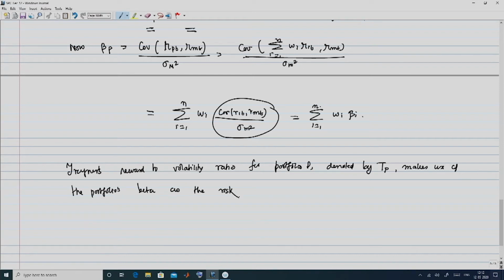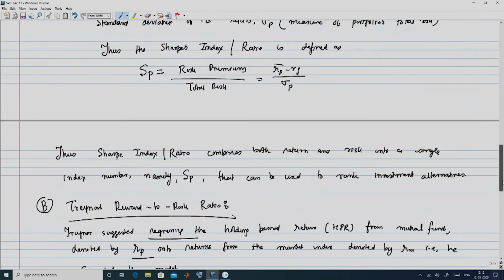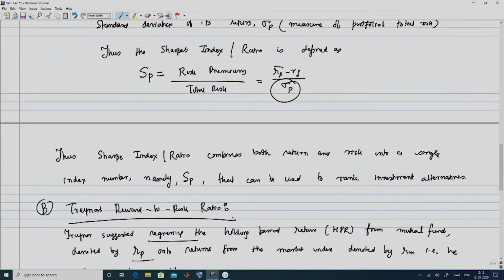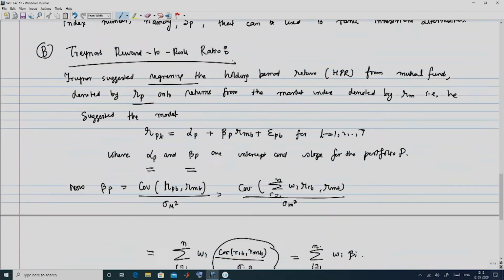This is in contrast to using standard deviation as the risk measure in the case of the Sharpe ratio. So now we are going to use beta as the measure of risk.